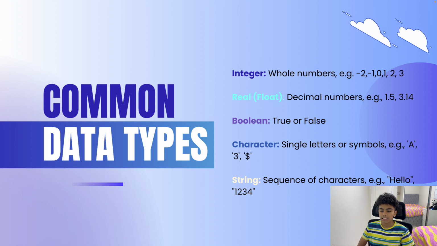So if you want to have decimal numbers, then you have reals, or as we refer to them when we're programming, floats. Some programming languages also have this variable called doubles. We'll discuss it in a second. So floats can hold decimal numbers.